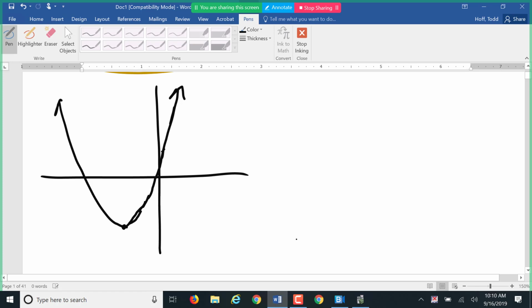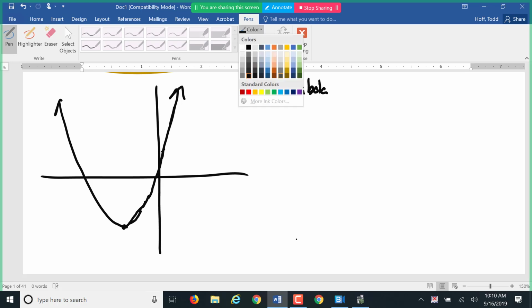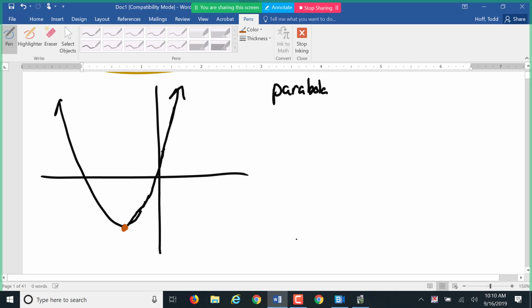So let's look at a graph here of a parabola. And I'm going to tell you that this vertex here is at the point -3, -5.